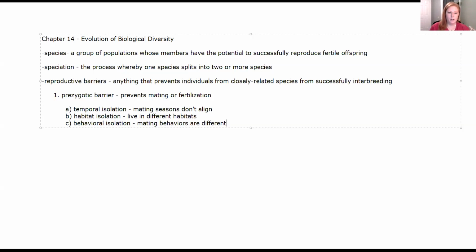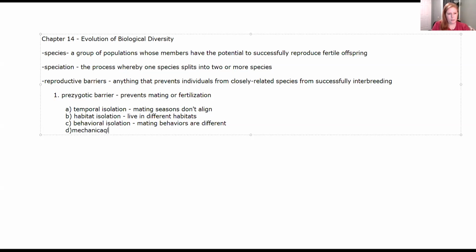But while that may attract female birds of paradise, closely related species can look at that and be like, that's the most disgusting thing I've ever seen. I don't want to have children with that. And so those mating behaviors don't call to other species. They've been evolved to call to that specific species.